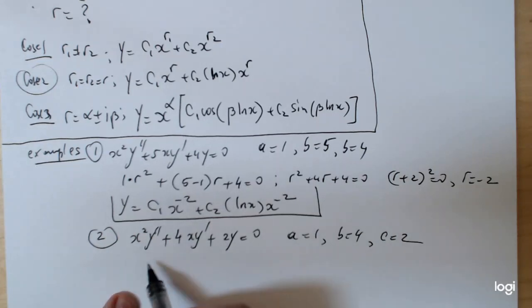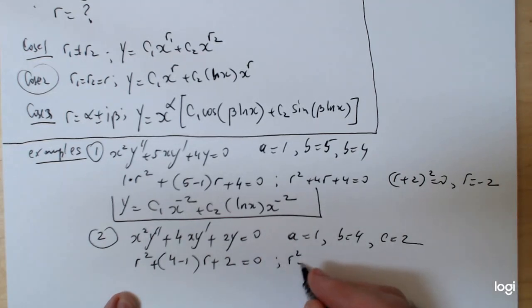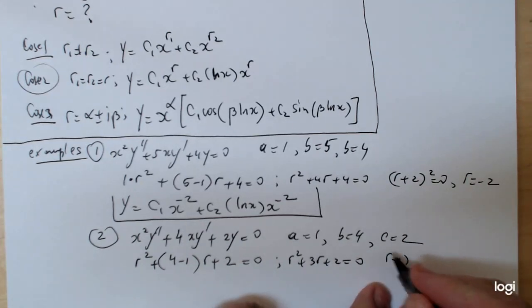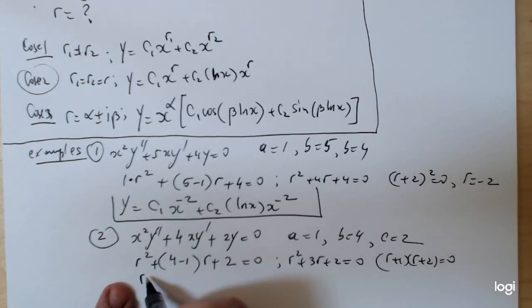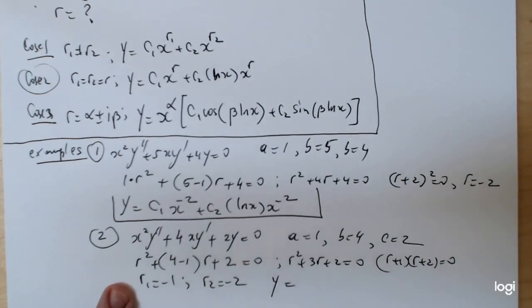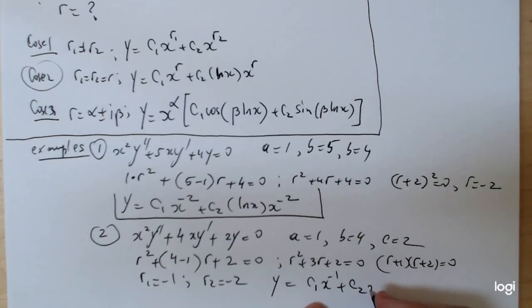And the characteristic equation is r squared plus (4 minus 1) r plus 2 equals 0. And this one has two distinct real roots because it can factor nicely into (r plus 1) and (r plus 2). So we have r1 equals minus 1, r2 equals minus 2. Therefore, the solution is c1 x to the minus 1 plus c2 x to the minus 2.